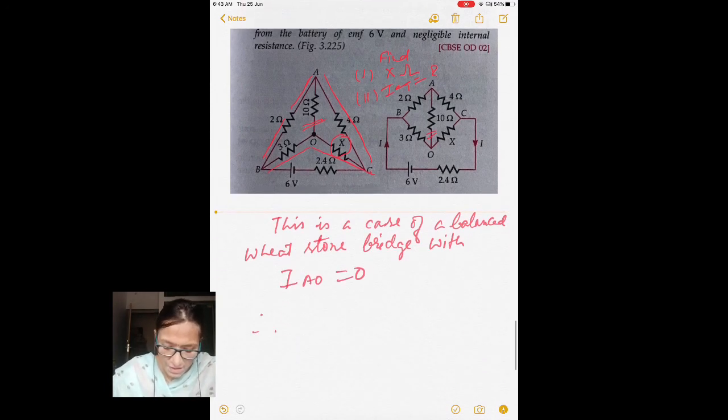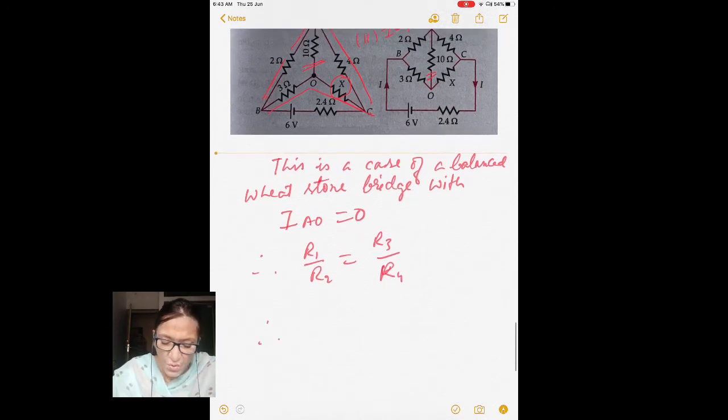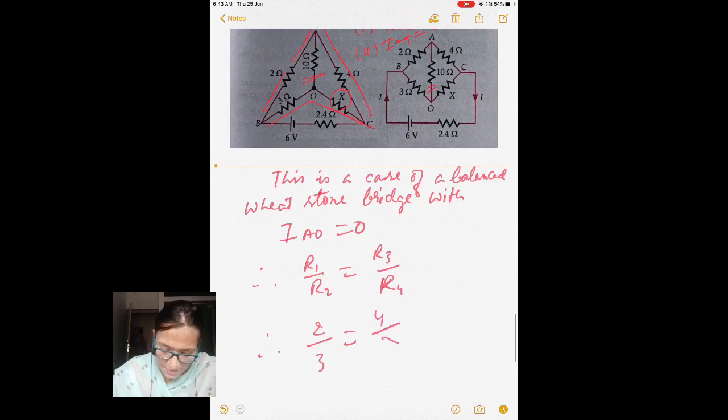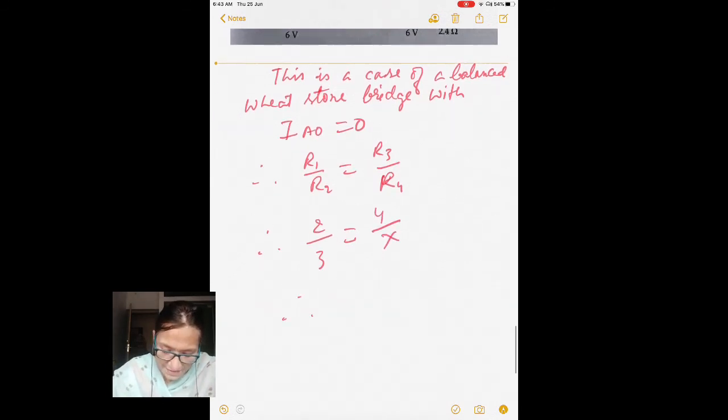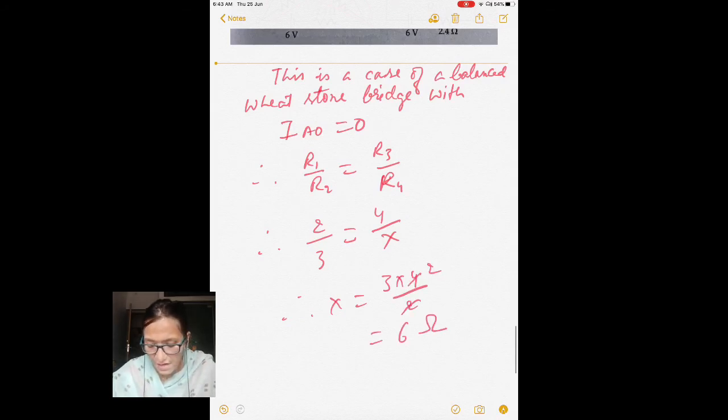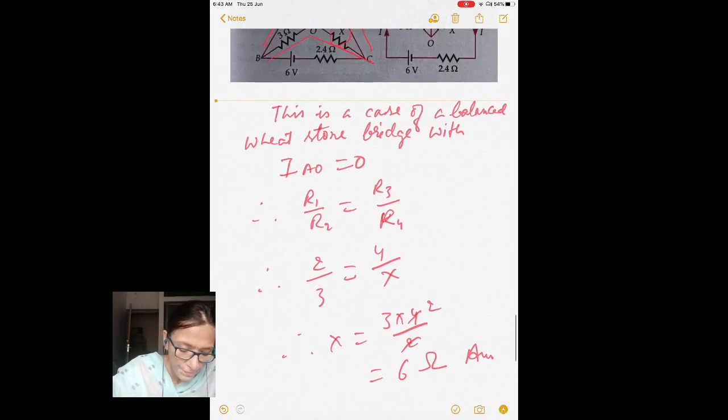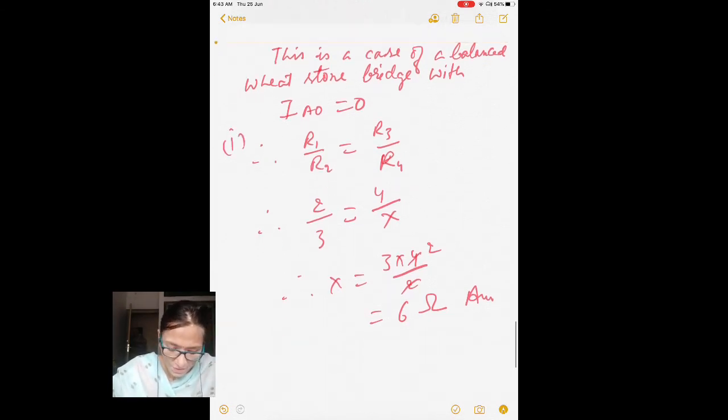Therefore, R1 by R2 must be equal to R3 upon R4, and therefore 2 upon 3 must be equal to 4 upon x, and therefore x is equal to 3 into 4 upon 2, and this is 6 ohm. So one answer I obtained. Now second one.